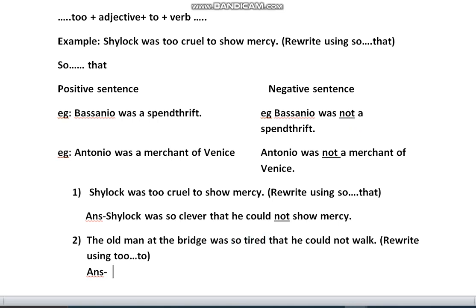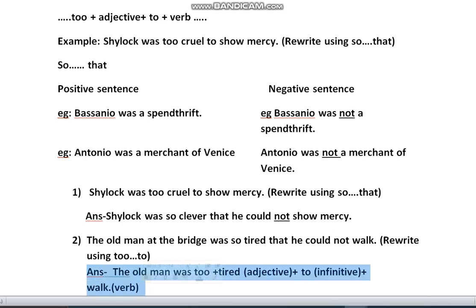Tired. The answer will be: the old man was too tired to, then the verb, walk. The old man was too tired to walk. Full stop. So this is your answer for the second question.